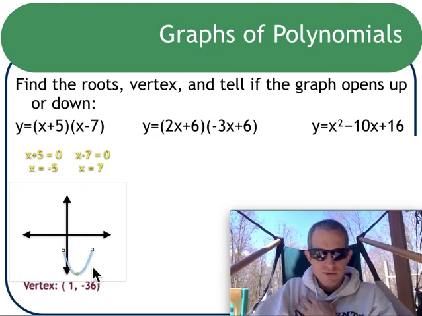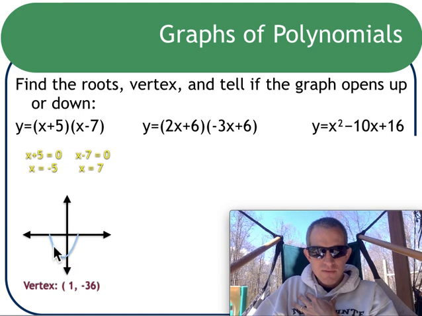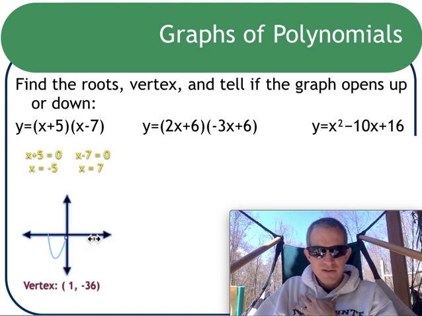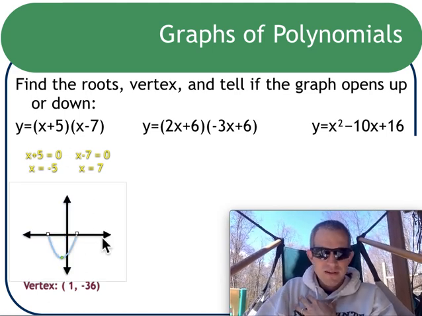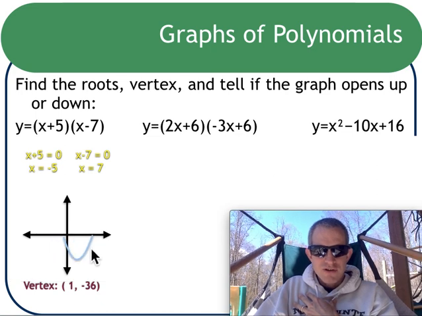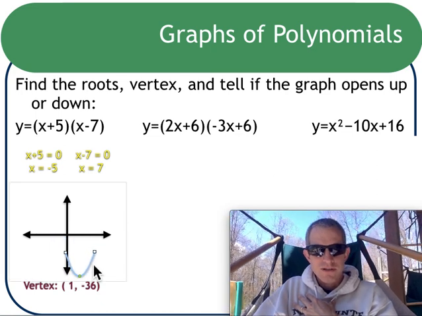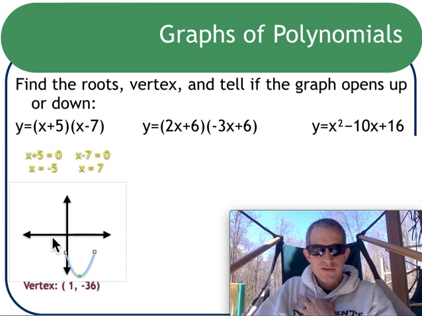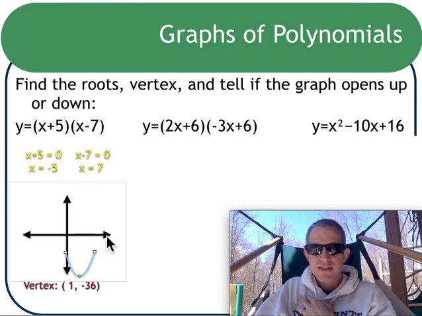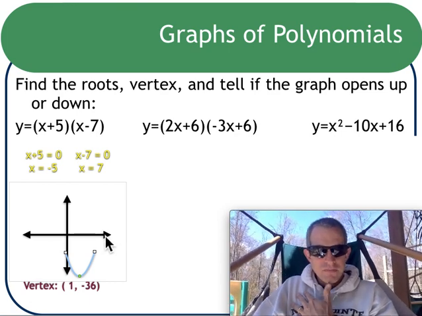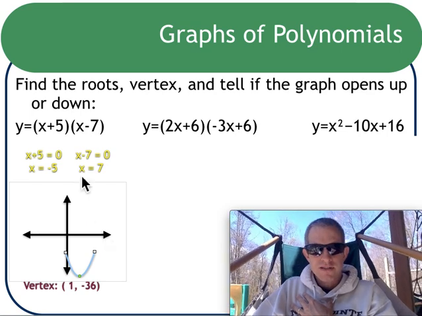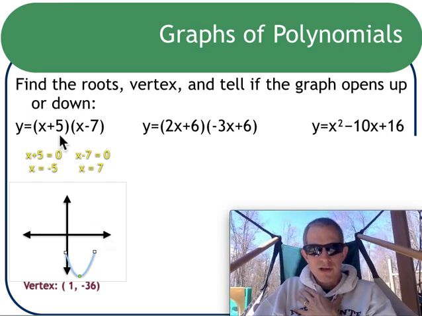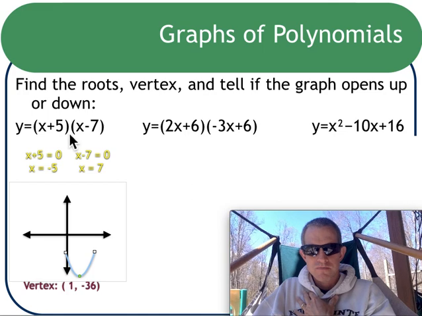I was afraid it was going to do that. I'm not going to be able to draw this to scale as I wanted to, but it's got to go through negative 5, so that'd be a point over here, and it has to go through 7 over here. And so anyway, that's a pretty good graph considering it wasn't really that much hard work to calculate those things.